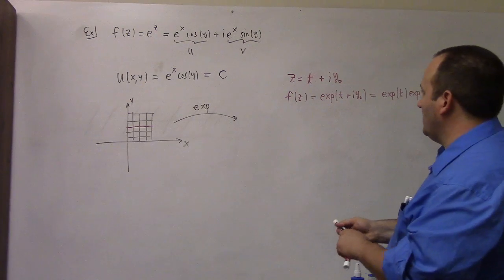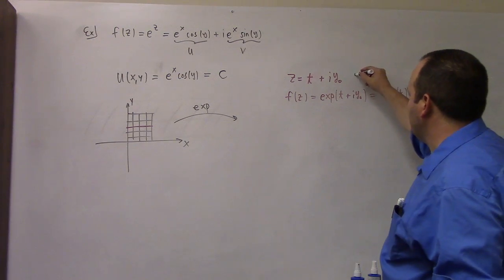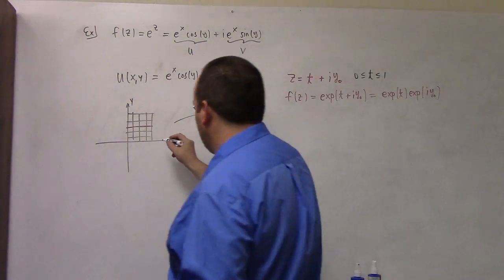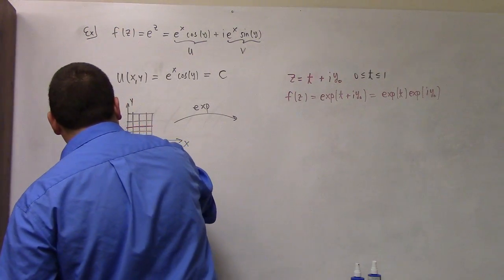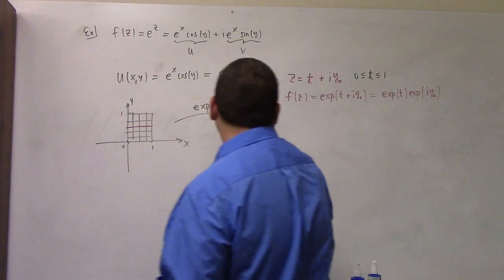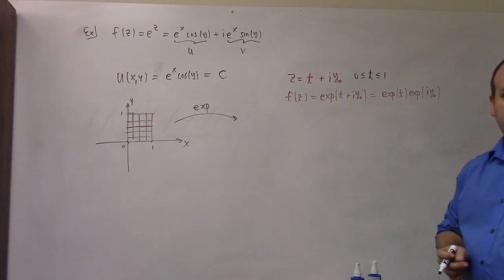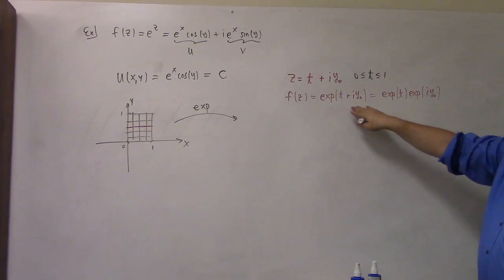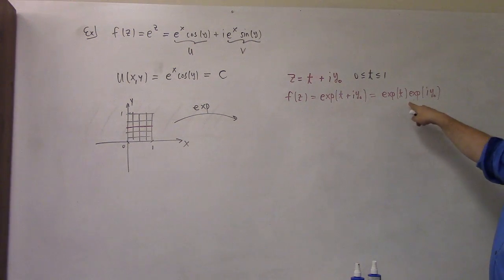I'm just being boring. This is for 0 less than or equal to t less than or equal to 1. I'm just looking at a little unit grid. So y naught is some particular y between 0 and 1, just for the sake of specificity. And this is the image of that horizontal line under the exponential.